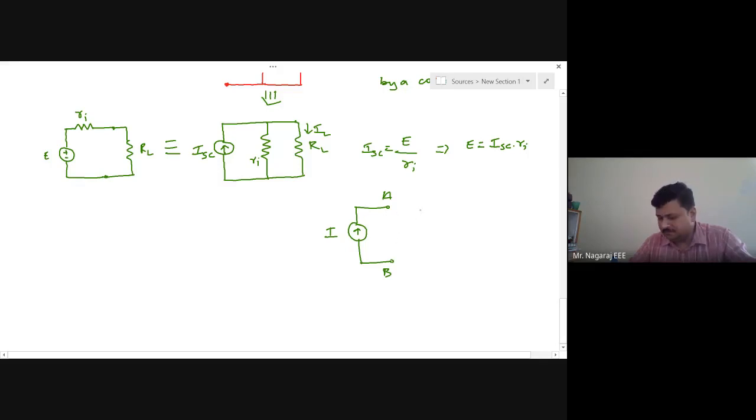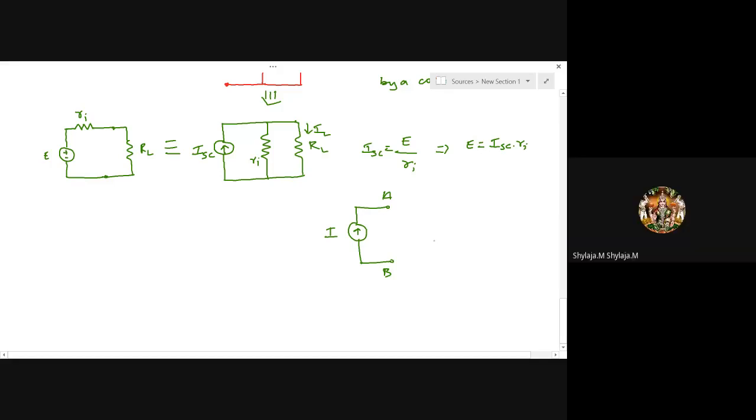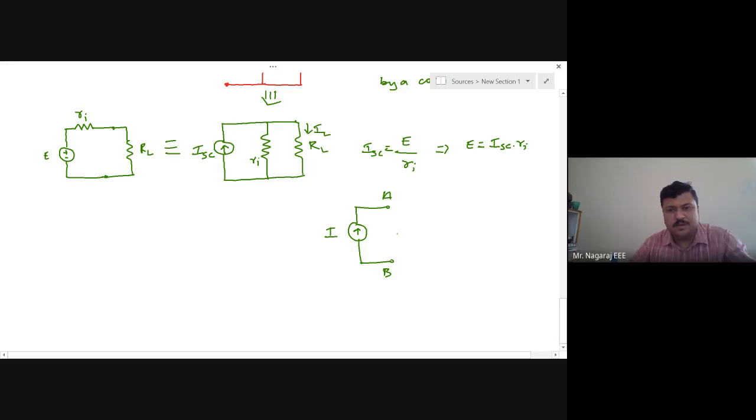Does the current flow? Will there be current from A to B? No, sir. No current from A to B when I see it generally. But when I understand the nature of a source, see, this is a source. It is not a common element where I say I have some connected resistance.